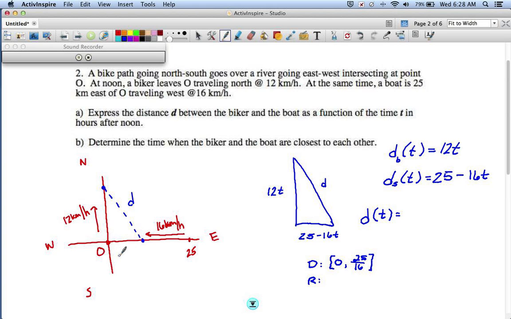Now we know they can't be any closer. Or once they get to this point, once the boater gets here, everything's going to be further away because this guy's continuing to go up and this guy's going to continue to go out. So the distance will be further than the vertical distance would have been here. However, when they're over here, they could still be closer because this biker has not traveled as far north as he previously had.